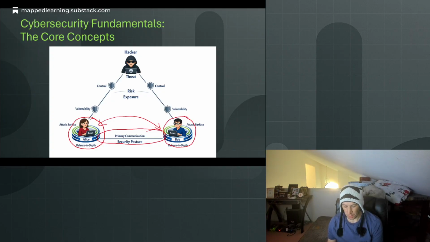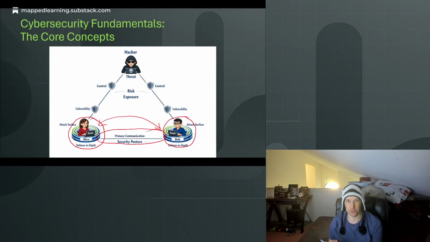Now, in this graphic, we have an attacker at the top of this triangle, and that's the hacker. The hacker is a threat. A threat is something that can cause harm to an asset directly or indirectly.